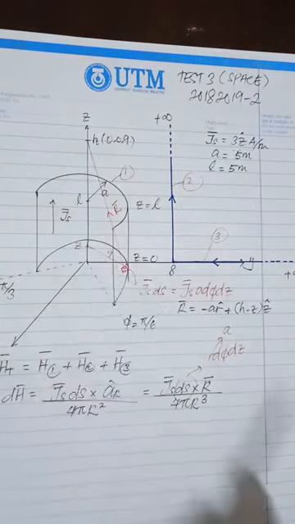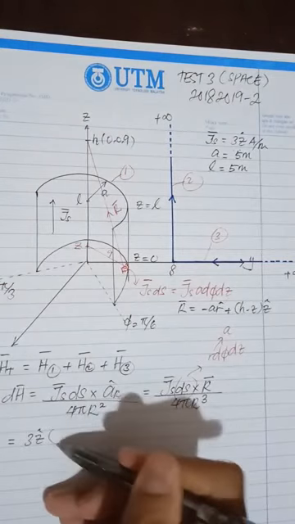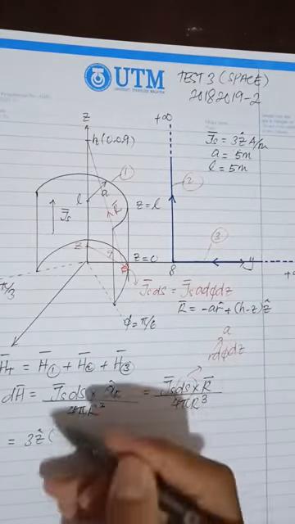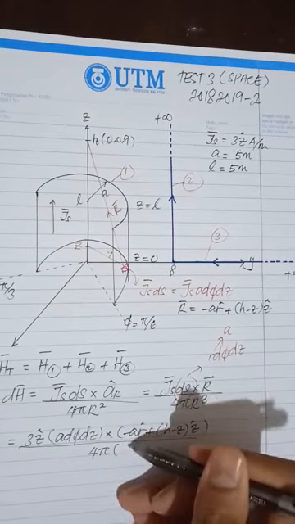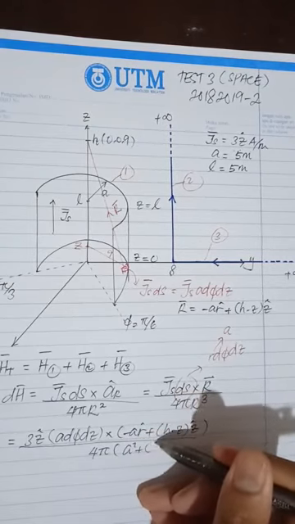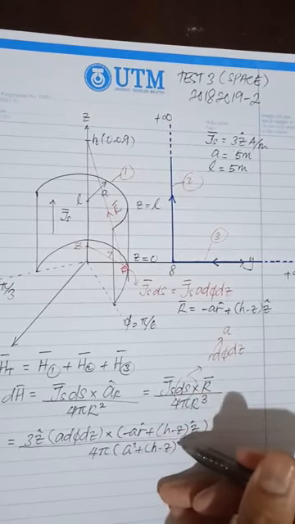So make it here the 3 a_z component, and then the dS becomes a dφ dz as shown here, and then cross with the R vector, negative a a_r component, plus the h minus z component, and then divide the whole term by 4π (a squared plus (h minus z) squared) to the 3/2.